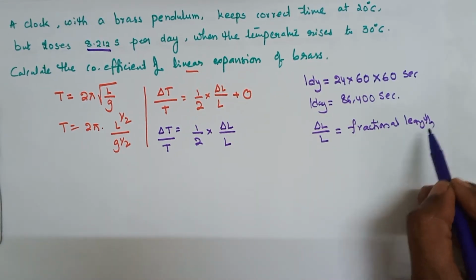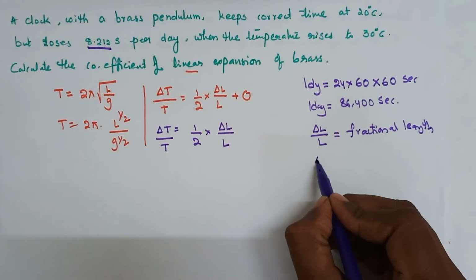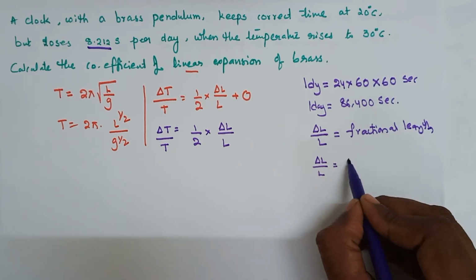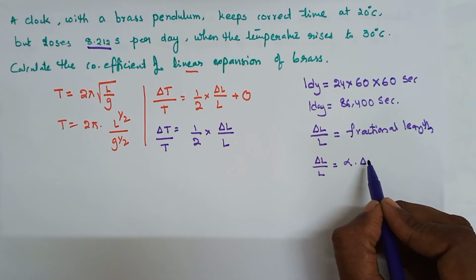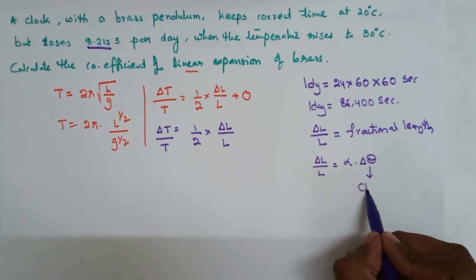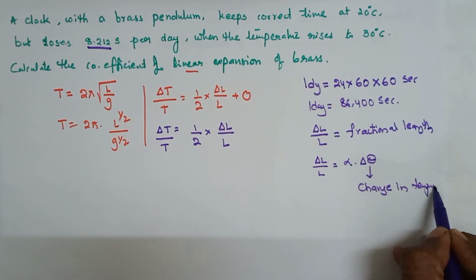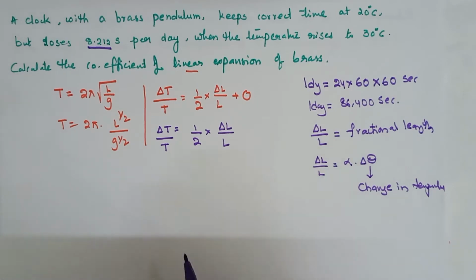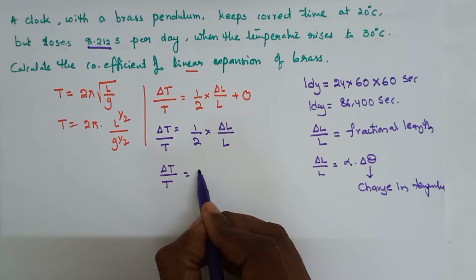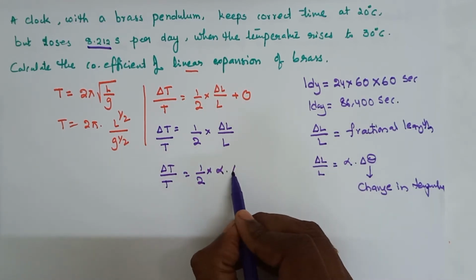Now according to the definition, delta L by L is equal to alpha into delta theta. Of course this is temperature, but I can write it as change in temperature. So delta t by t is equal to half into alpha into delta theta, the change in temperature.